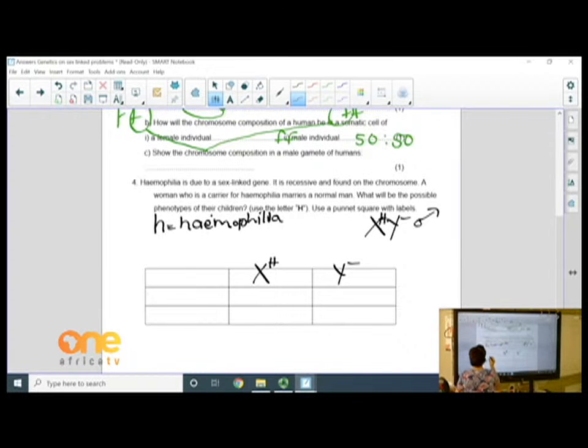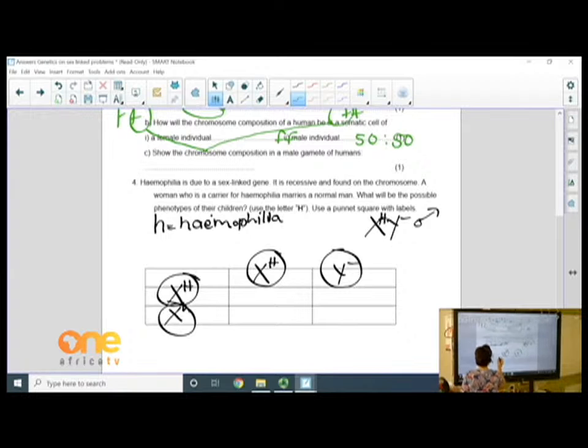And the female is a carrier. So she will have the normal and the recessive. Because we are talking about gametes, we need to put in our circles. Right? We need to state that this is the male and this is the female. Right? And we need to state that this is meiosis that makes this possible, please.